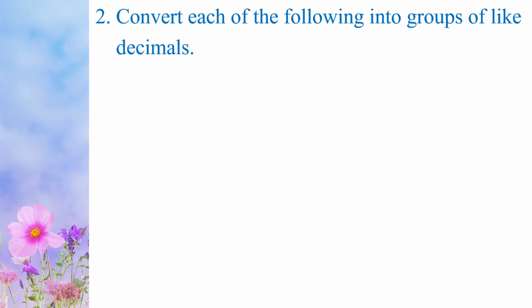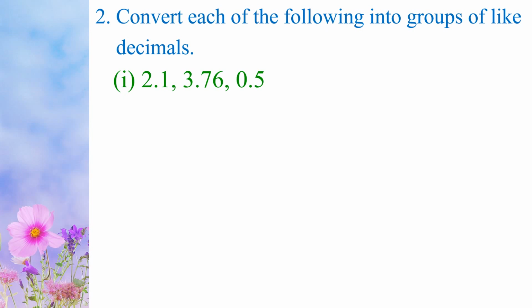Next, second problem. Convert each of the following into groups of like decimals. The first one: 2.1, 3.76, 0.5. Here we have to find like decimals.